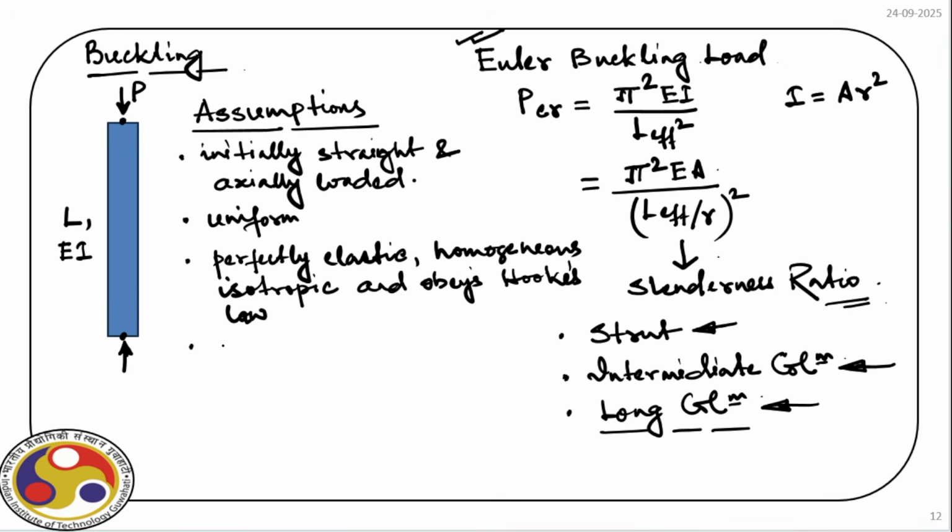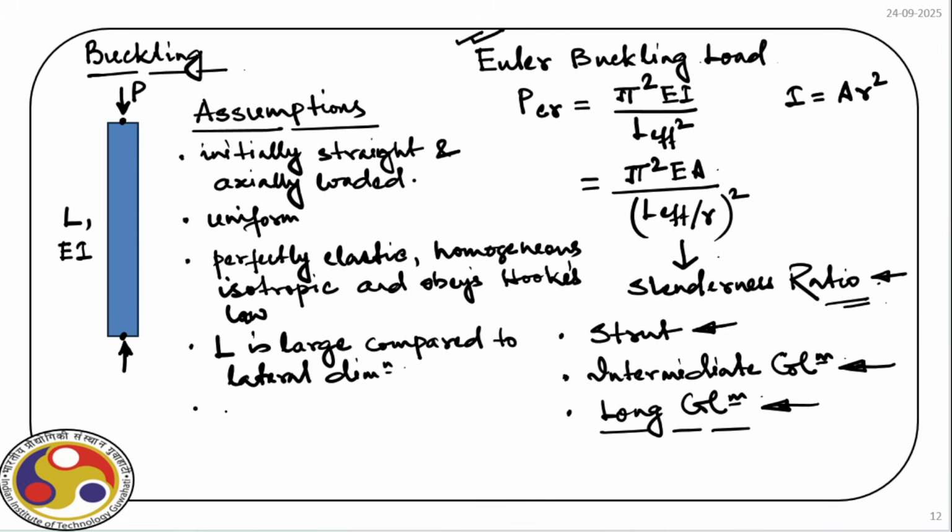Then obviously L is large compared to lateral dimension. Recall, we defined the slenderness ratio, and this slenderness ratio is based on the length of the column and the lateral dimension. And for buckling, we must have a high slenderness ratio.